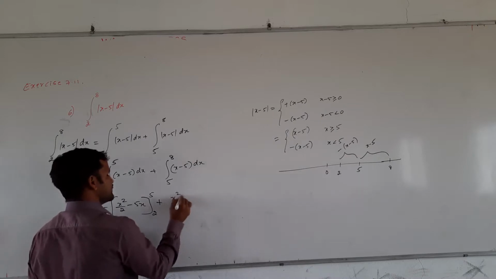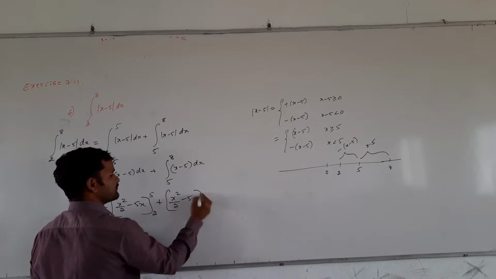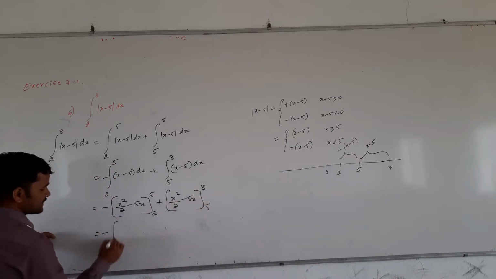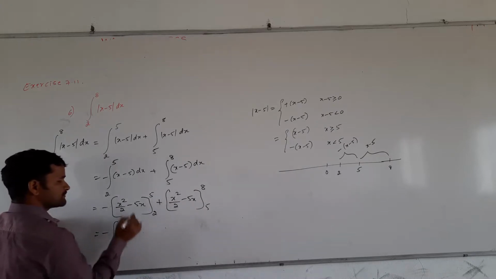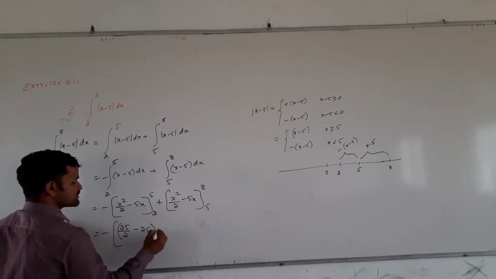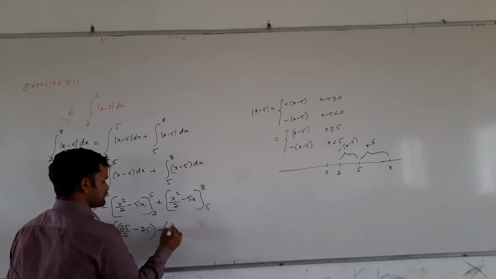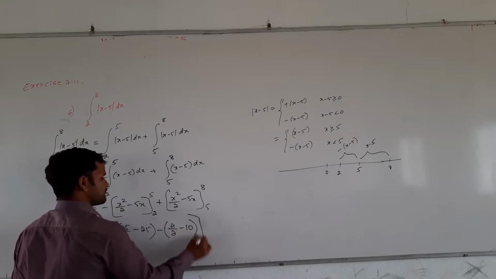Here also the same thing, x square by 2 minus 5x, from 5 to 8. Minus of, substituting the upper limit 5: 25 by 2 minus 5 into 5, 25. Upper limit substitution over. Minus of substituting the lower limit, 2 square is 4, 4 by 2, minus 5 into 2 is 10.